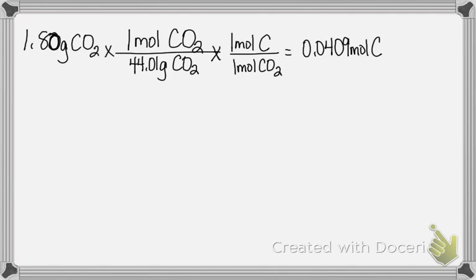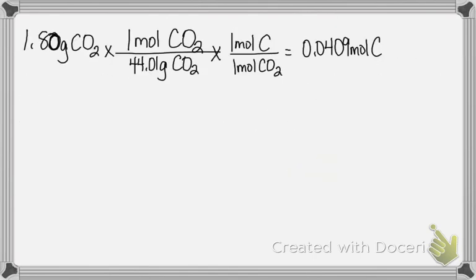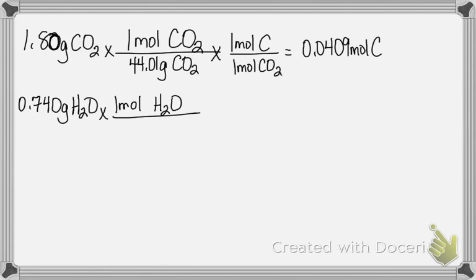Okay. Doing the other one, for the water, we've got 0.740 grams of water. The first thing I do is convert to moles of water. A mole of water is 18.02 grams of water.